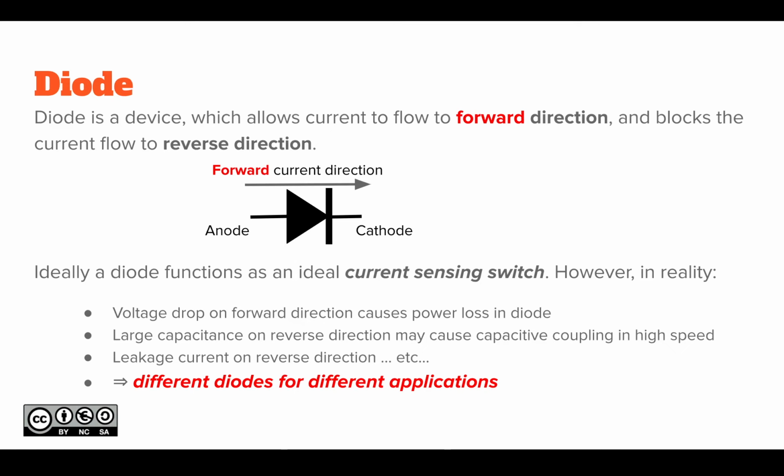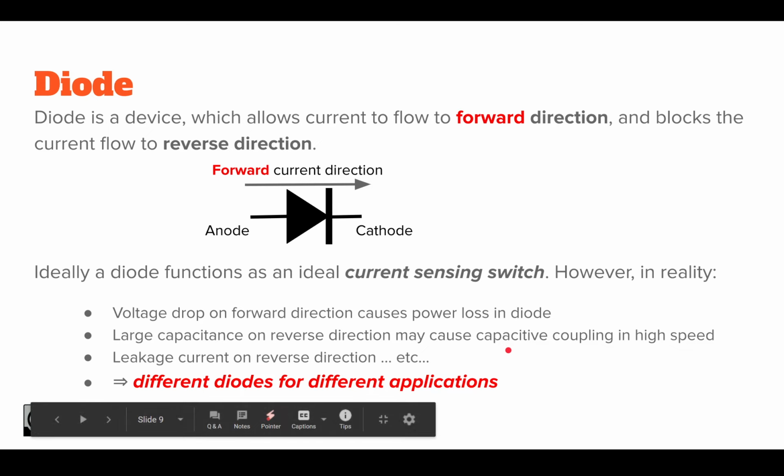And for high-speed signals, you can have capacitive coupling, not necessarily what you want, unless we are using the diode as a variable capacitor. That's actually one of these applications. It's not here. There are plenty more applications for diodes than I have in this material. I'm just going through some of the most important.